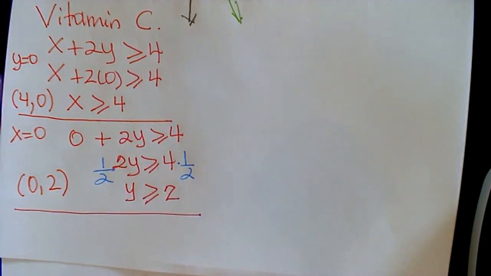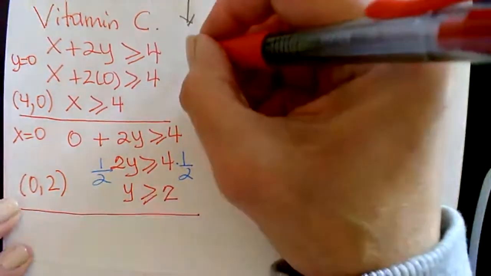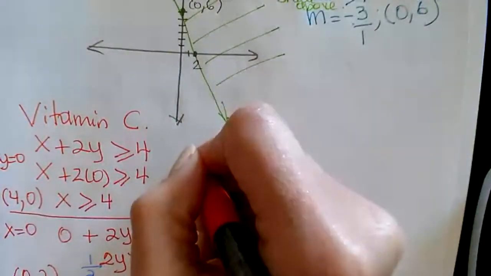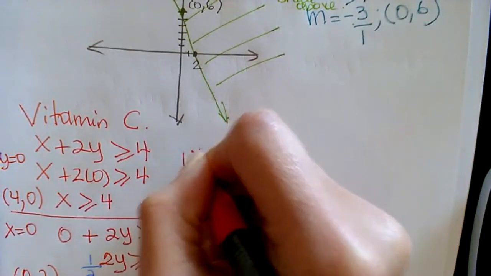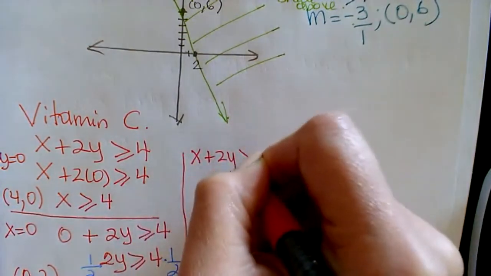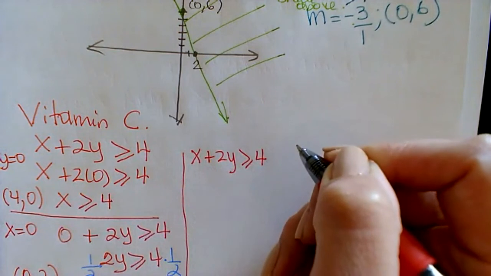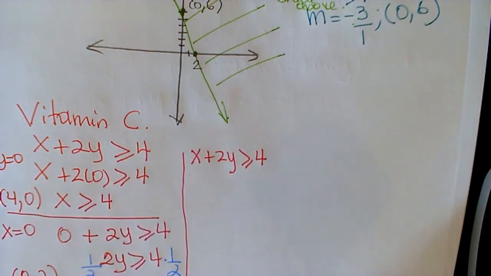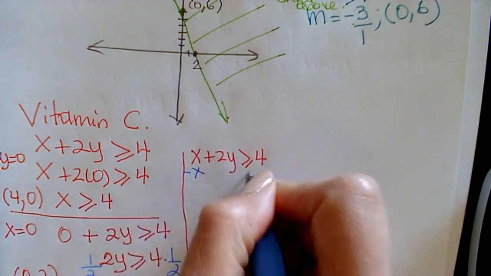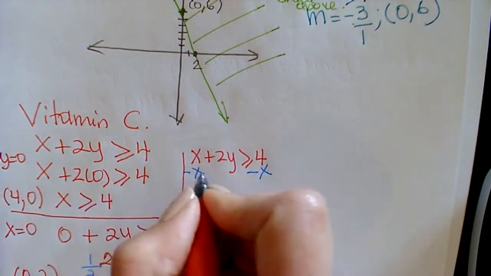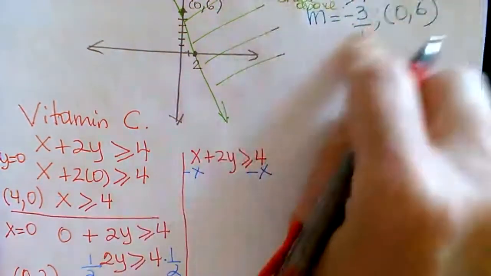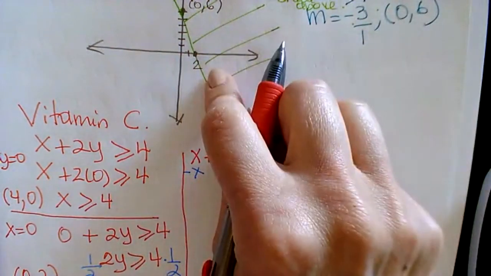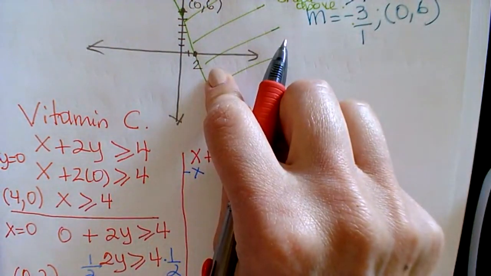Now, we still have to do this one, x plus 2y greater than 4. So we are going to make a 0. You could just do this and from here come up with this one.